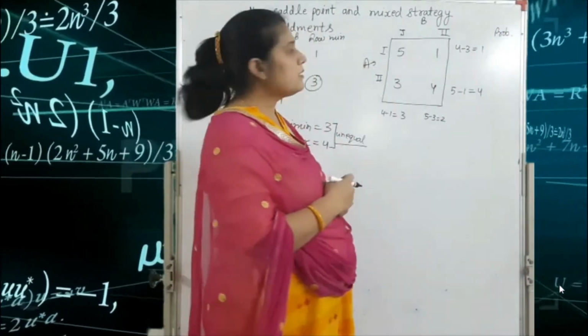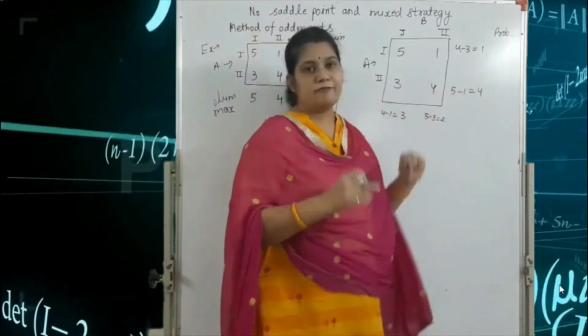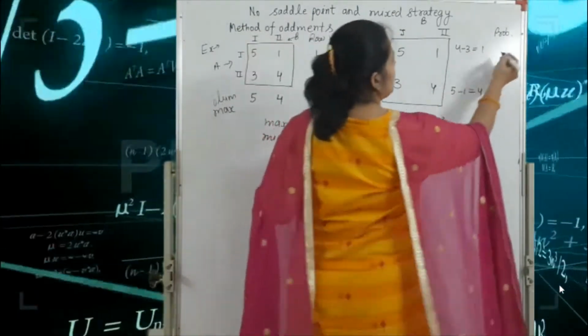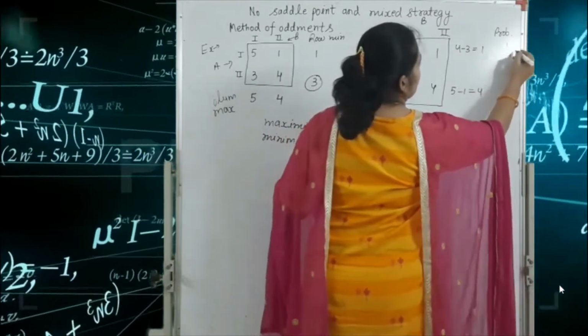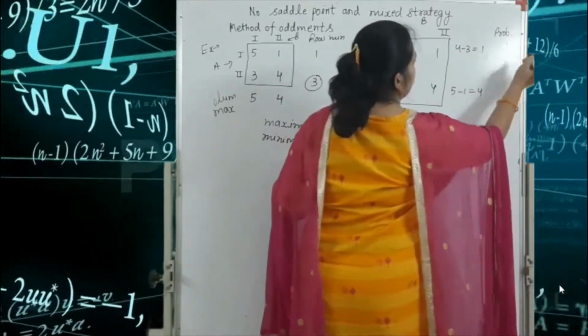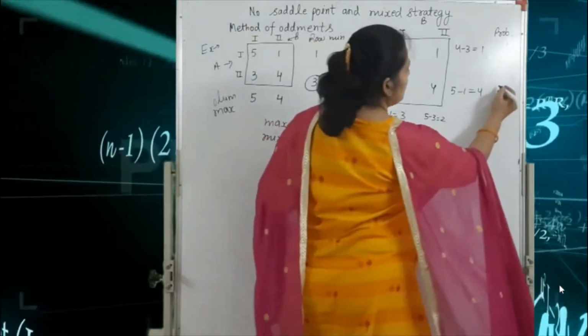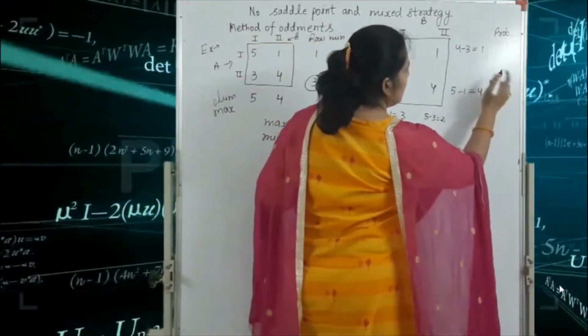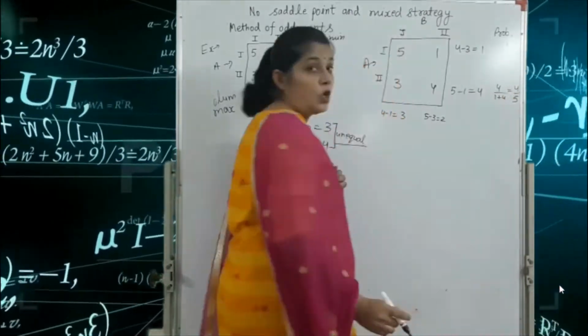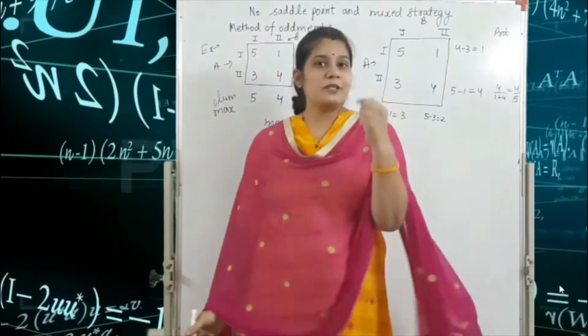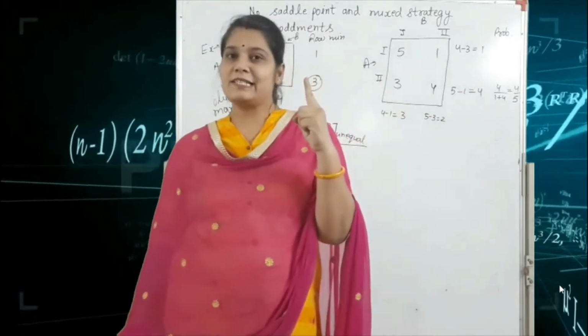In the probability for player A, first strategy, you write 1 divided by 1 plus 4, that means 1 by 5. Got it? And here the probability is 4 upon 1 plus 4, that means 4 upon 5. You check that the total probability is 1.